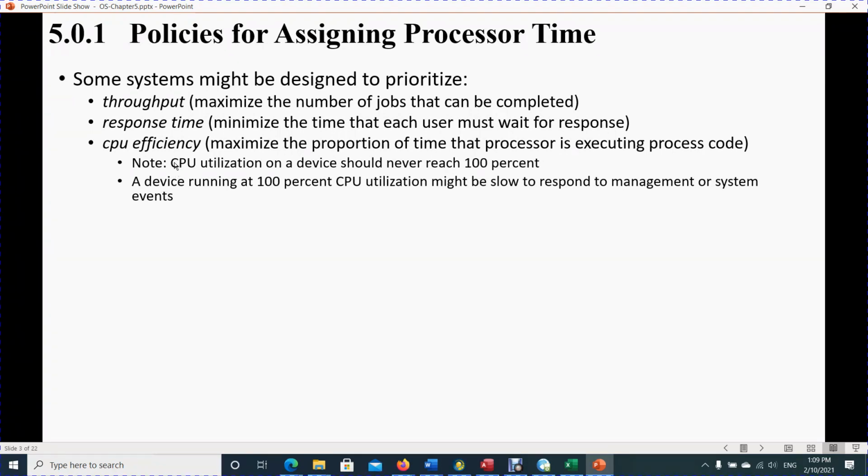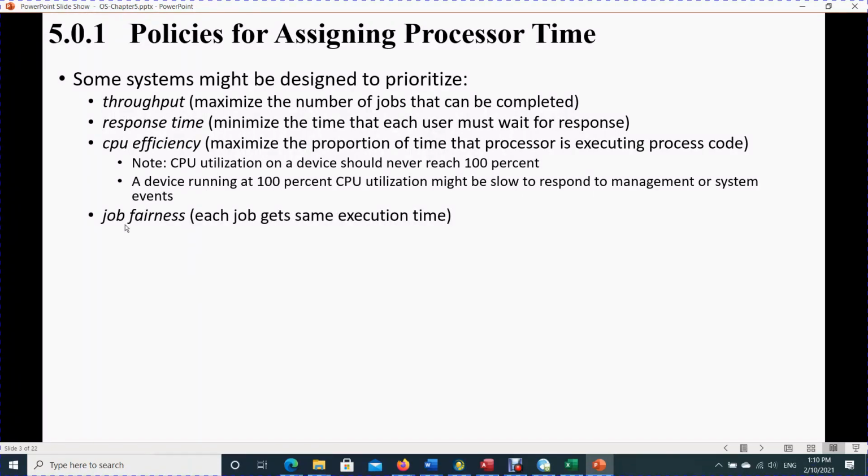Now, CPU utilization should never be 100%, because if it's using 100% of the CPU, it's likely to be slow to respond to system events.